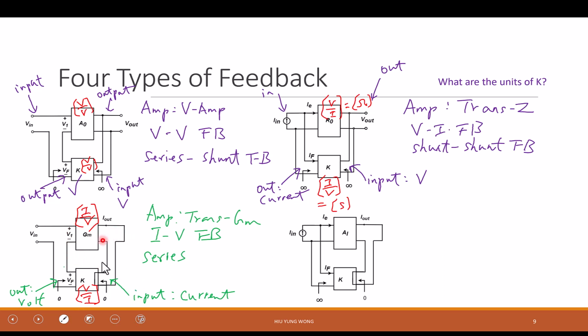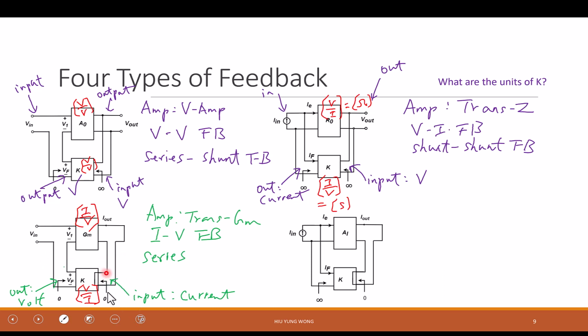But how about the output? What are you doing? Are you doing sensing or comparison? You are sensing.